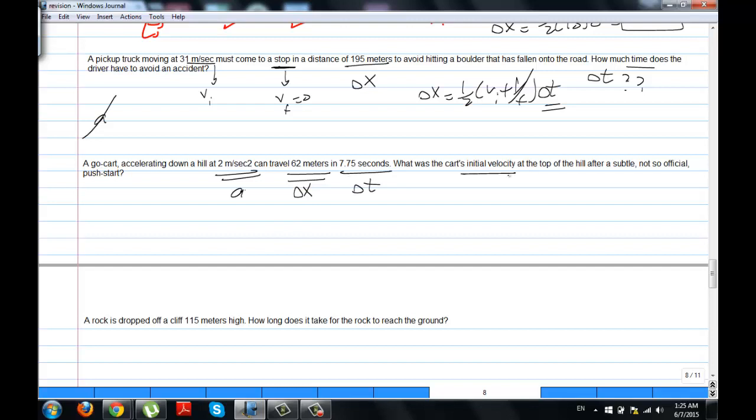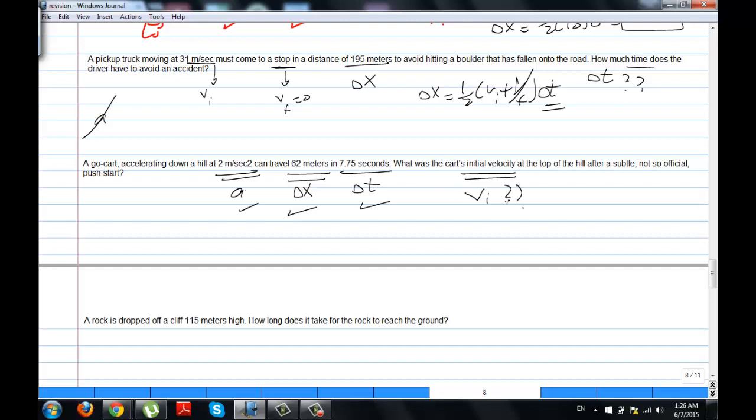What is the initial velocity? I need the vi. At the top, not so official push start, so basically no other givens here. So I have the acceleration, I have the delta x, I have the delta t, and I need the vi.